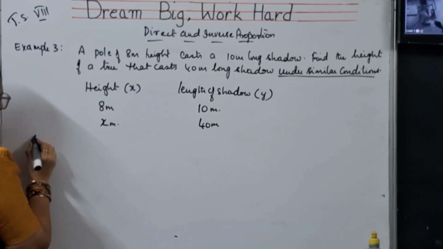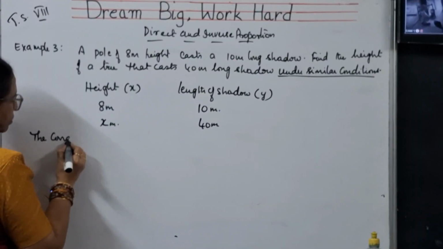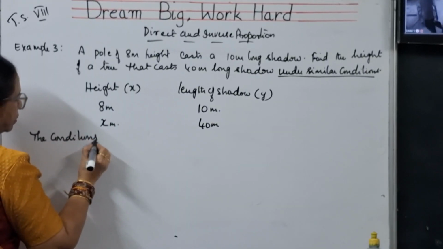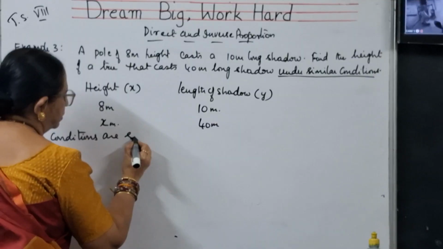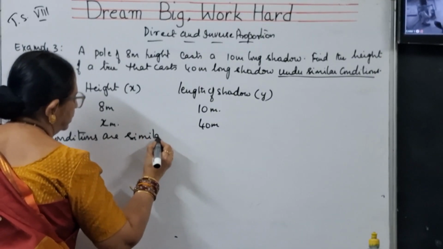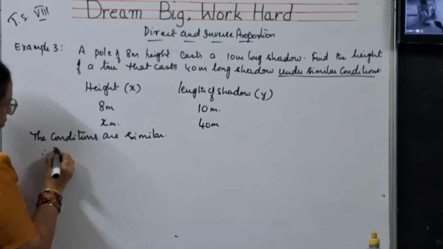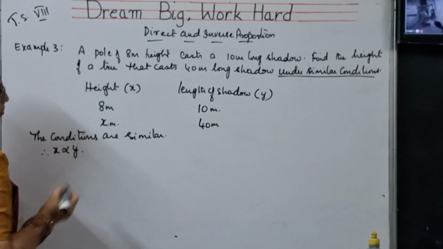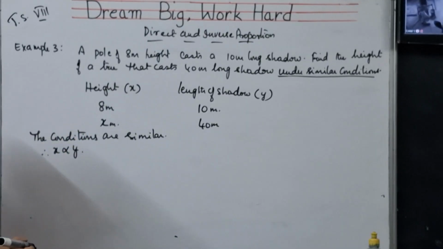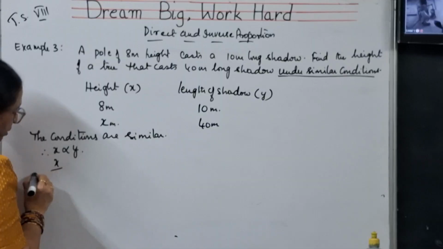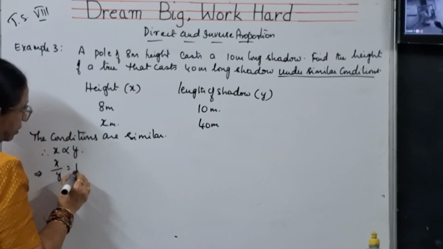Now, the conditions are similar. Since the conditions are similar, X is proportional to Y. If the conditions are not similar, it is not possible because the length of the shadow changes along with the direction of the sun. So same condition means the proportionality will be maintained. X is proportional to Y, this implies X by Y is constant.